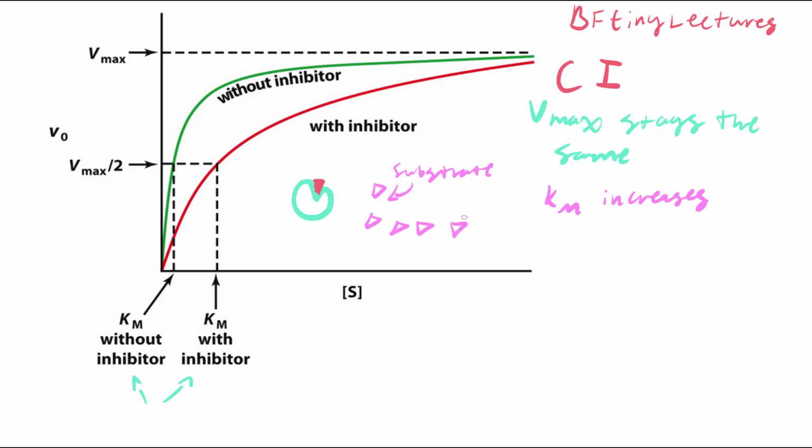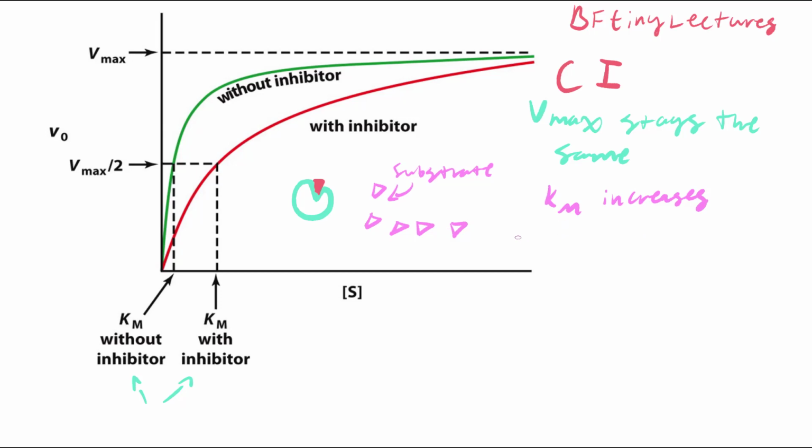Then, if you have 5 substrates for every 1 inhibitor, are your chances of a substrate going into the active site of the enzyme higher? Yeah, they are. You have a higher chance of a substrate connecting with the enzyme and carrying out the reaction. That makes sense, right? Because you have more substrates, they can actually compete against the inhibitor and occupy the enzyme like 9 times out of 10 if you have more substrates than inhibitors.